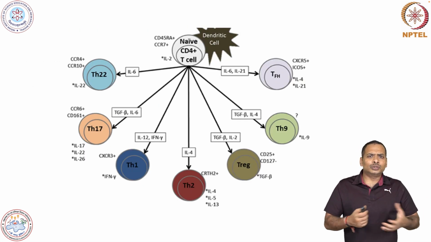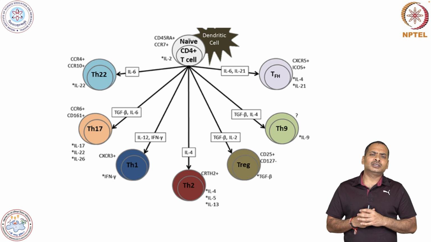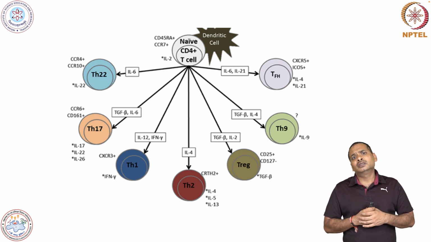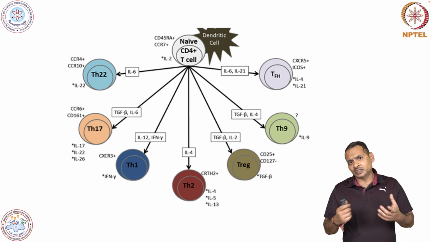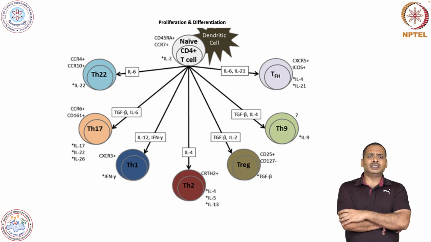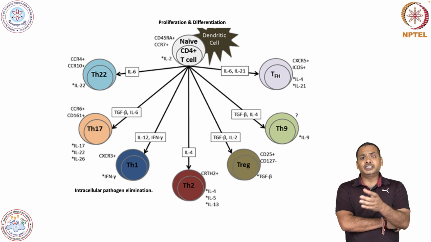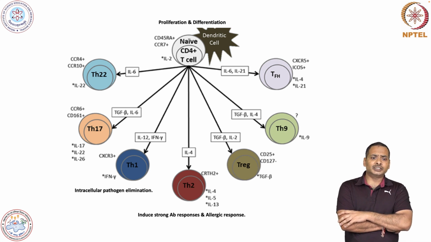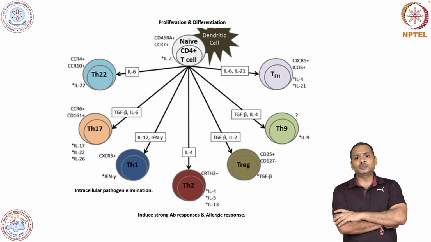Here I just want to tell you there are various kinds of T helper cells, and they play a role in different kinds of phenomena. There is a Th1 cell, which plays an important role in intracellular pathogen elimination. Th2 induces antibody responses and allergy responses.